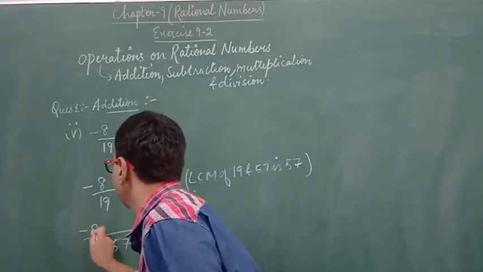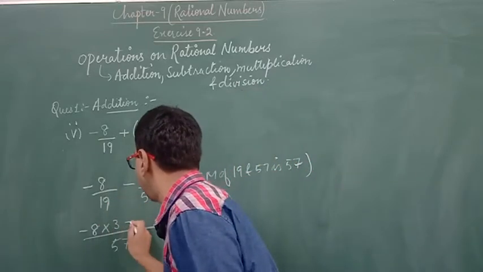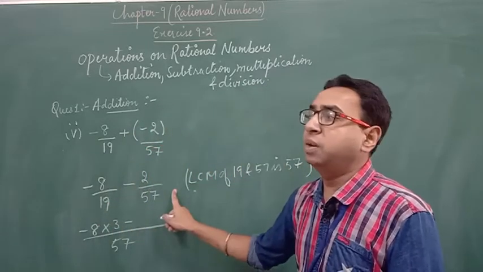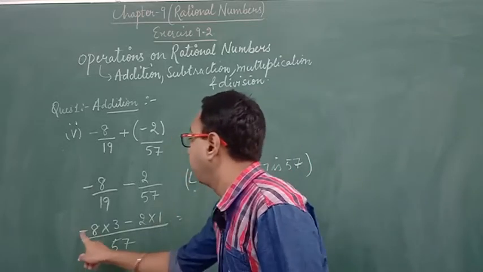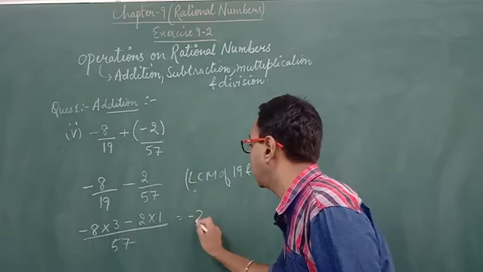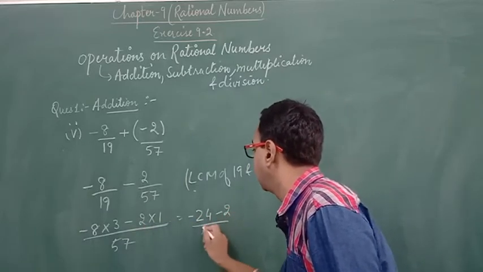Now 57 divided by 19 is 3, so minus 8 into 3, minus as it is. 57 divided by 57 is 1, so minus 2 into 1. So minus 8 into 3 is minus 24, and minus 2 into 1 is minus 2 upon 57.